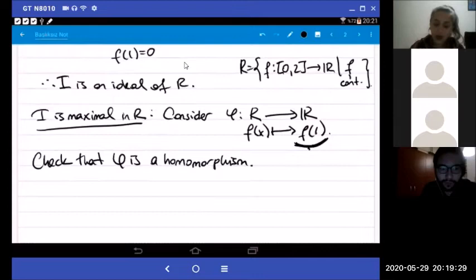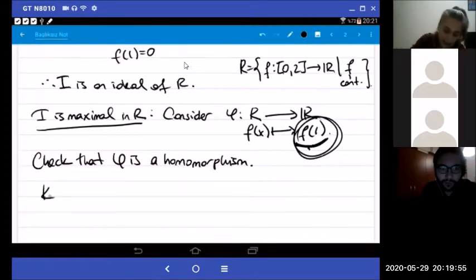So now we need to look at the kernel. It is not an accident that we define this function through function values at 1. This means that we hope to find the kernel as our ideal I.